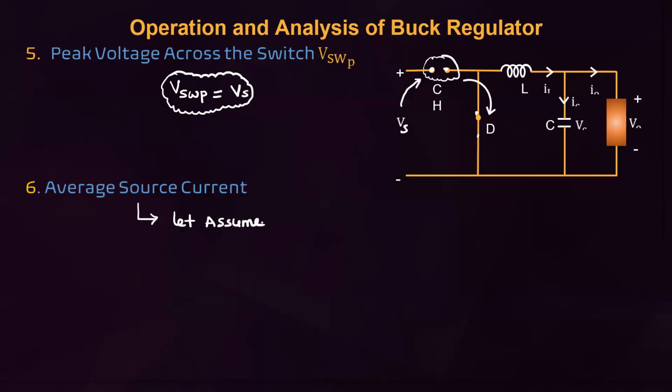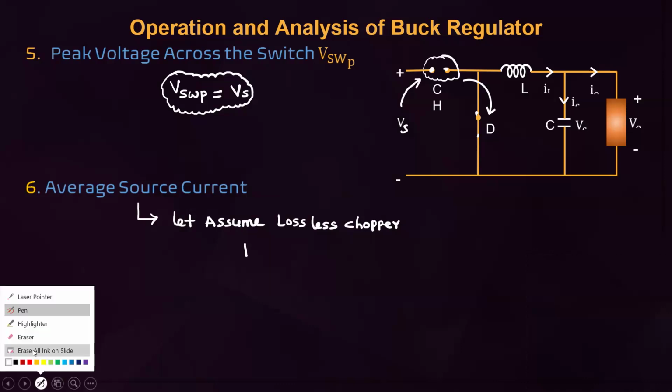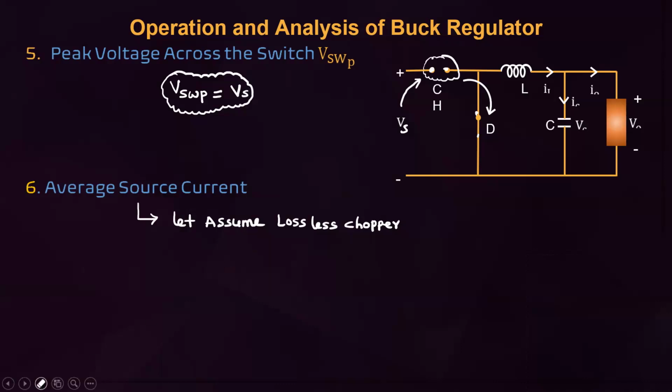With this assumption only, you can find the average source current for any chopper. If it is a lossless chopper, input power equals output power.